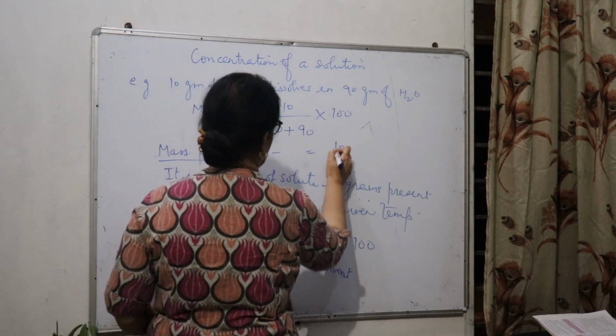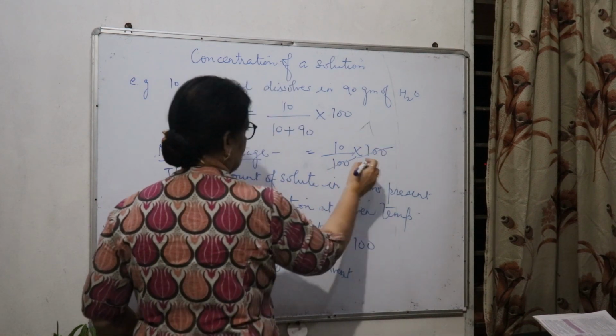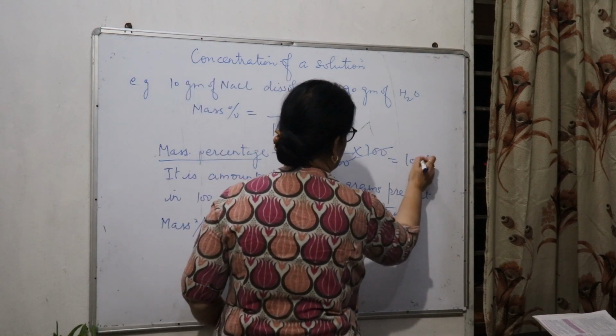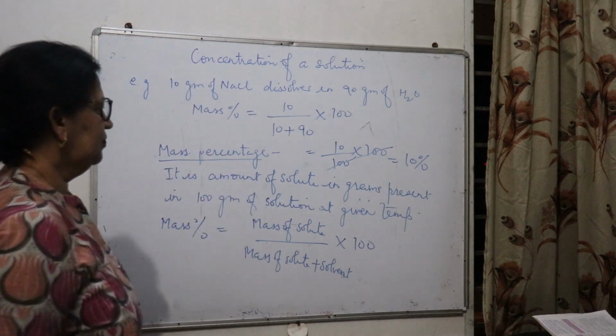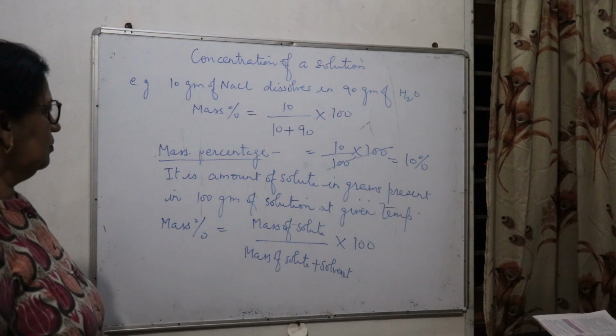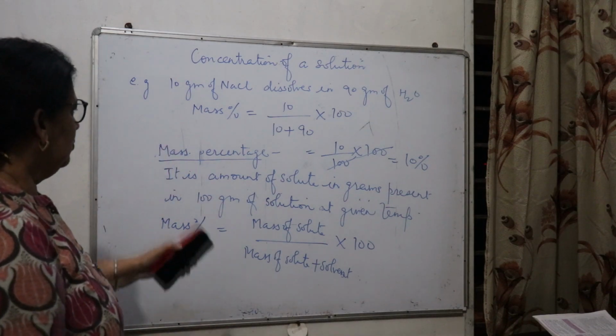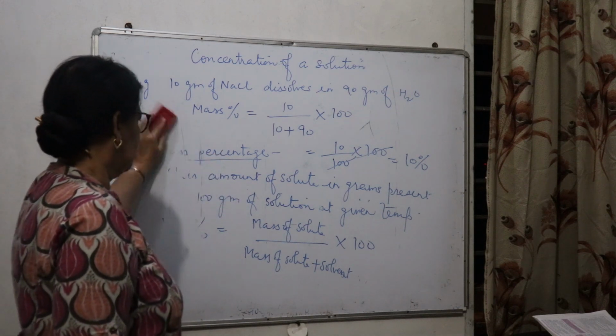So it comes 10 upon 100 into 100. So this comes 10%. So this is how to calculate the mass percentage.